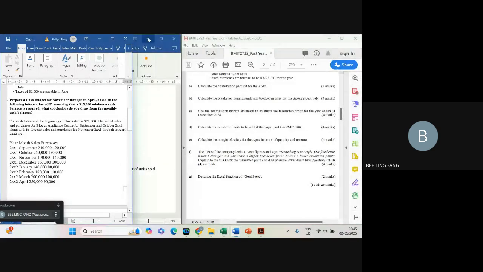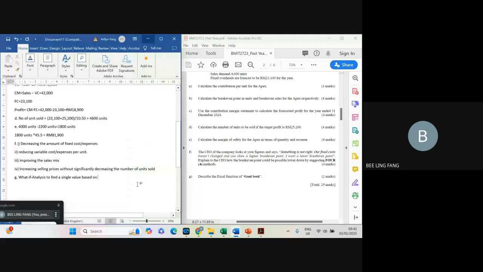Or if you want to explain more, I think you can refer to the lecture notes. In our lecture notes you mentioned, right? Actually, it will change the changing value based on the set cell, and they will iterate until they get the value. Okay.